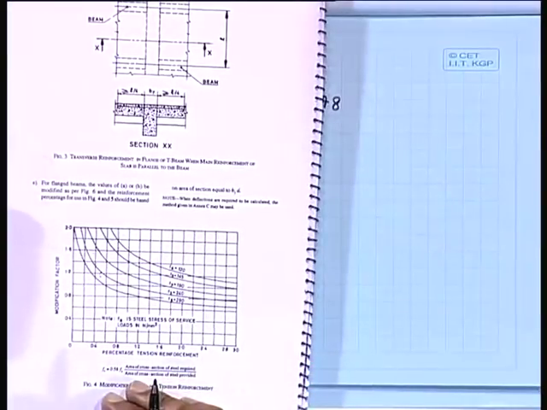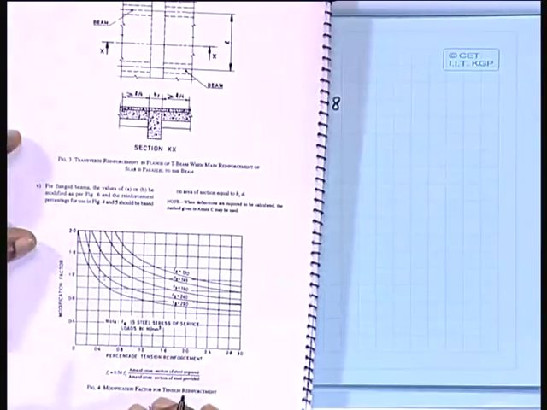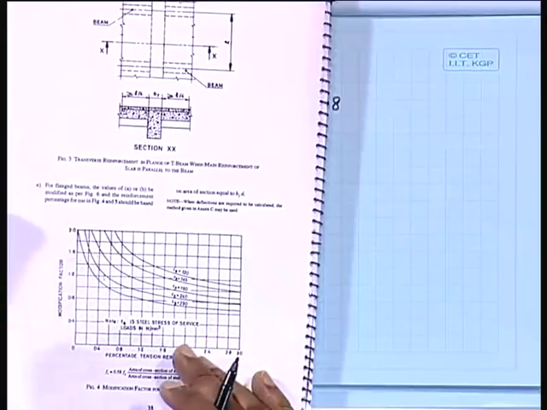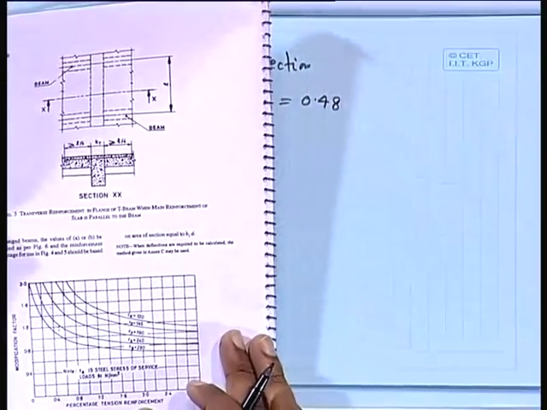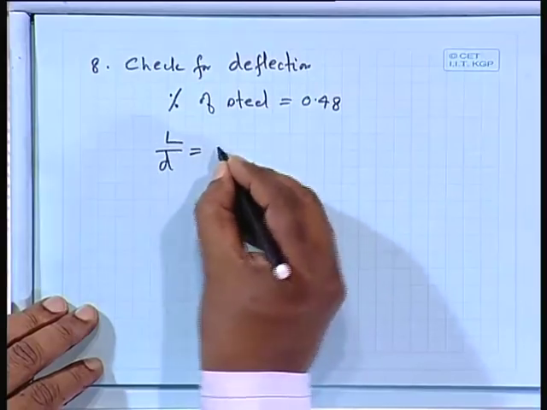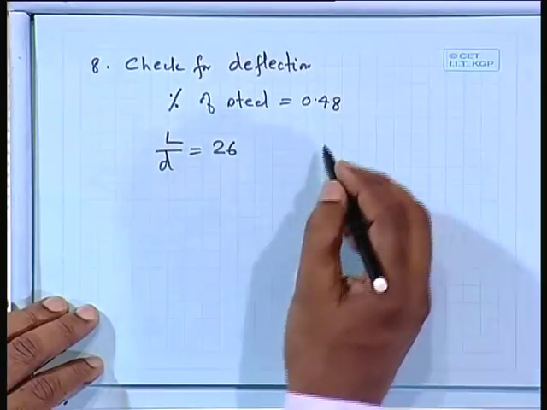Say your continuous beam or continuous slab, WL square. We have not taken WL square by 8, WL square by 10 we have taken. So, if we take say continuous, then we shall take minimum one L by D, that is say 26. 26 is the L by D ratio, but it is for continuous.